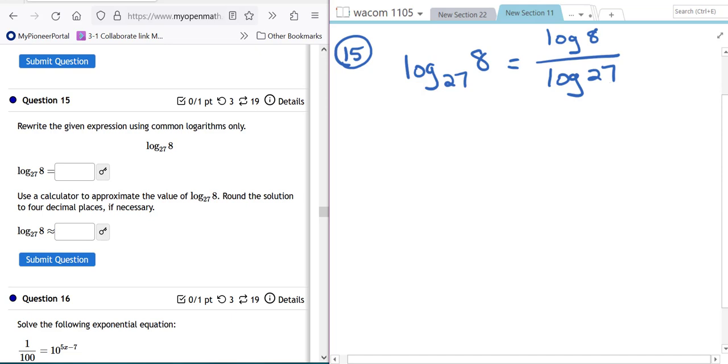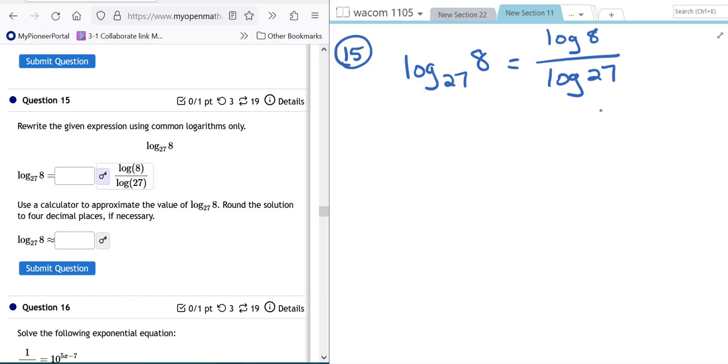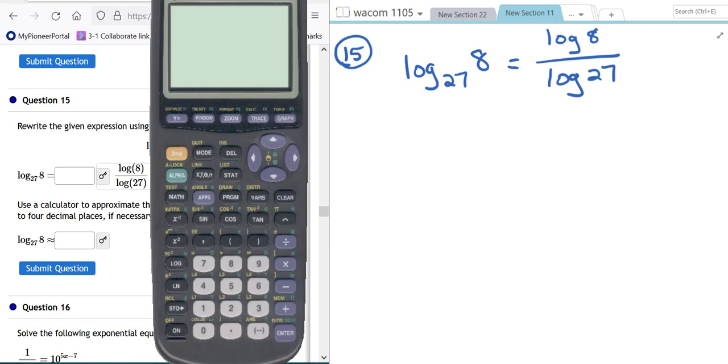These can go in your calculator. This will actually be your first answer that is exact. And I should have put my parentheses. And then you can go in your calculator and it is log base 10 of 8 divided by log base 10 of 27. Sorry, of 27, not base.